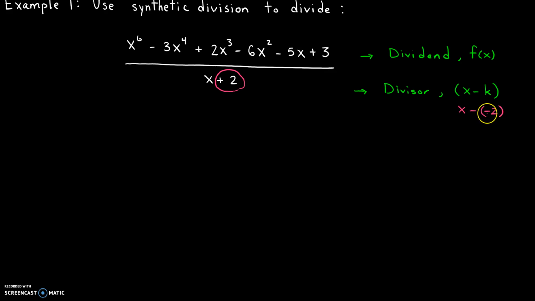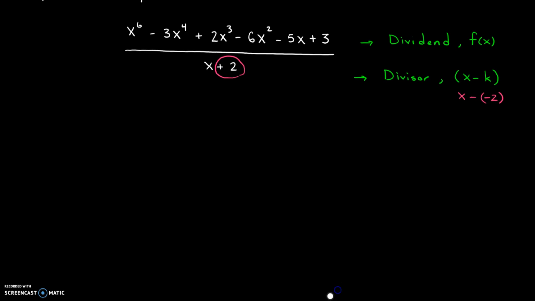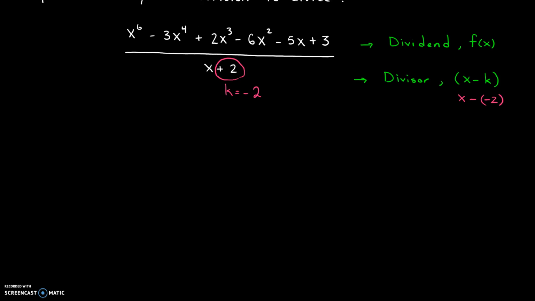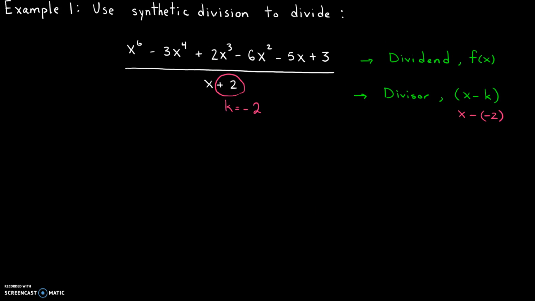Our k value is just going to be the opposite of this number. So if this is a positive 2, then our k is going to be a negative 2, and that's what we're going to use to help us divide this problem.